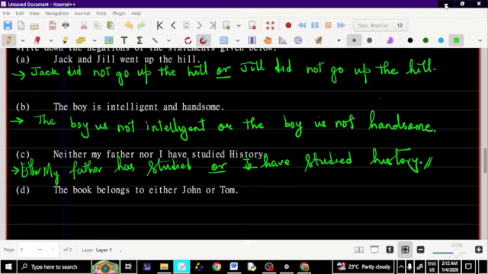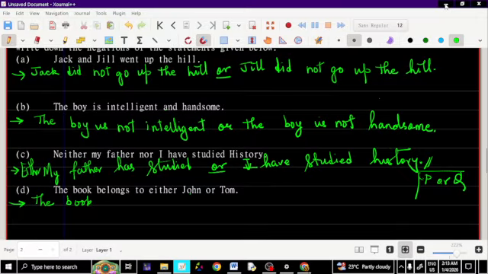Next one. The book belongs to either John or Tom. So we are given a statement of the type P or Q now. So its negation will be not P and not Q. The two statements here are the book belongs to John or the book belongs to Tom. So I have to negate both and put and in between.